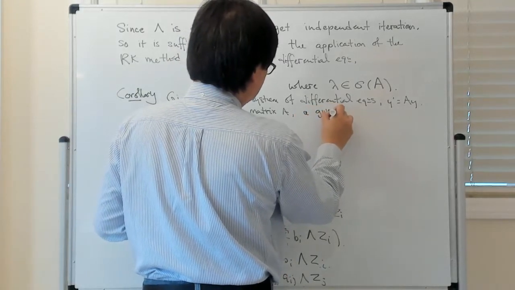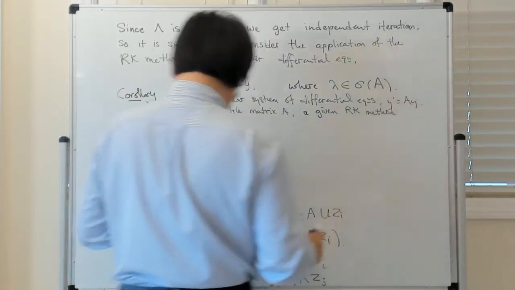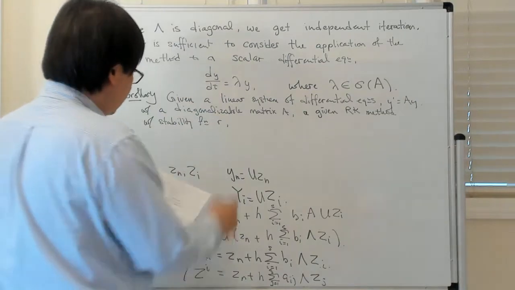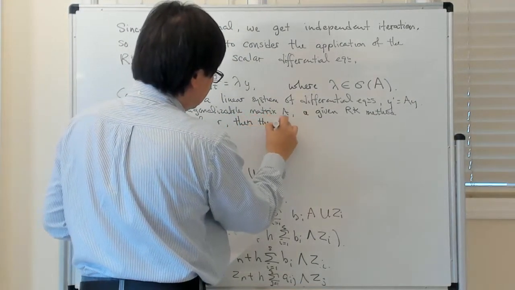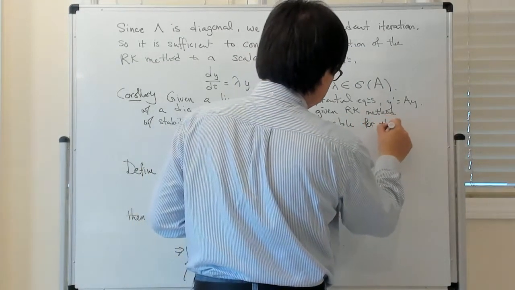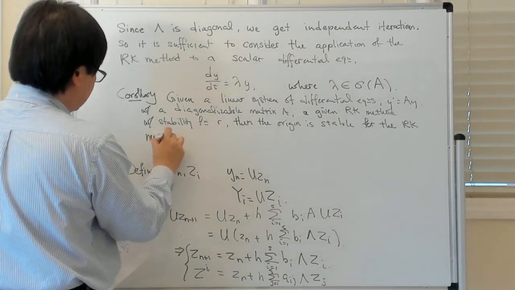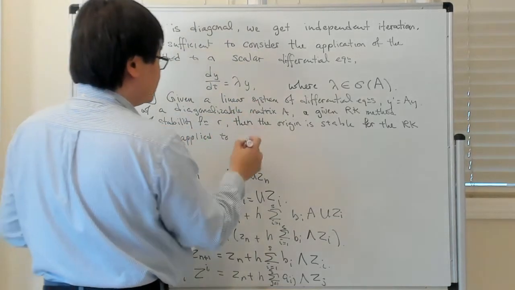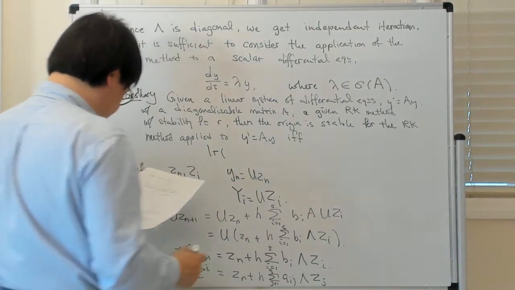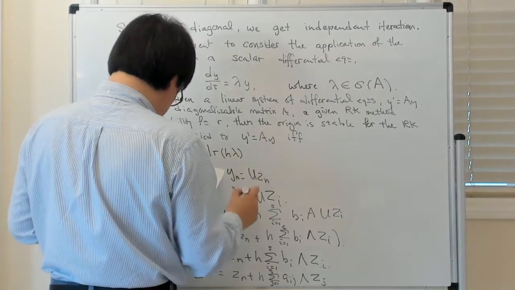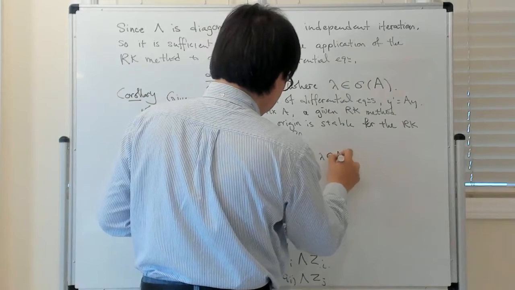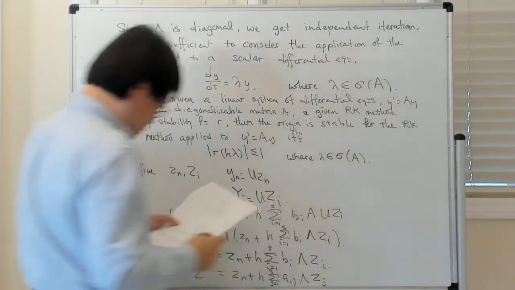a given RK method with stability function R has a stable origin when applied to this system, y prime equals A y, if and only if the stability function R applied to h times lambda has modulus less than or equal to 1, where lambda is in the spectrum of the matrix A. Okay, all right.